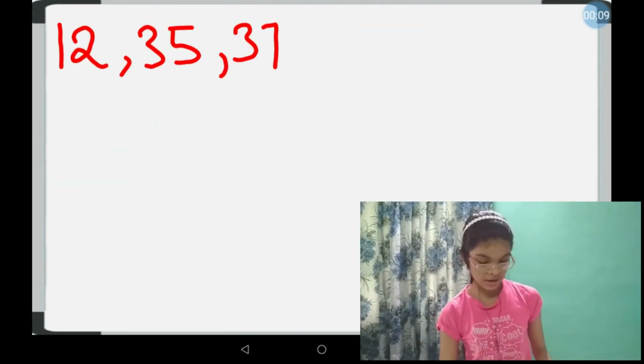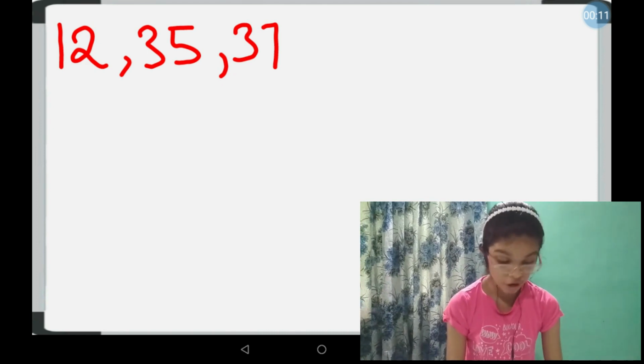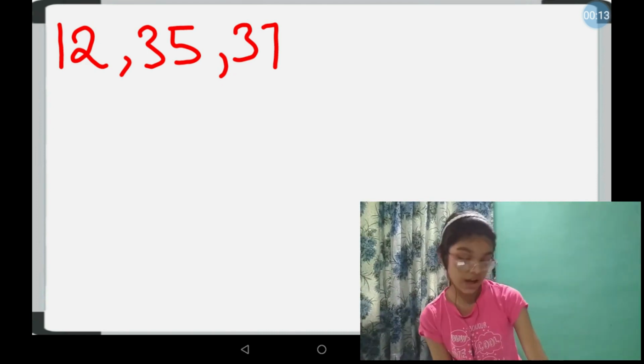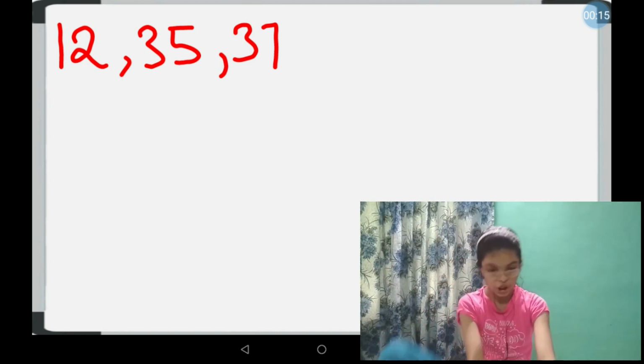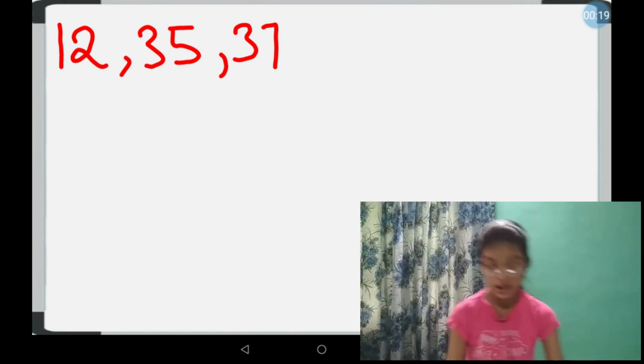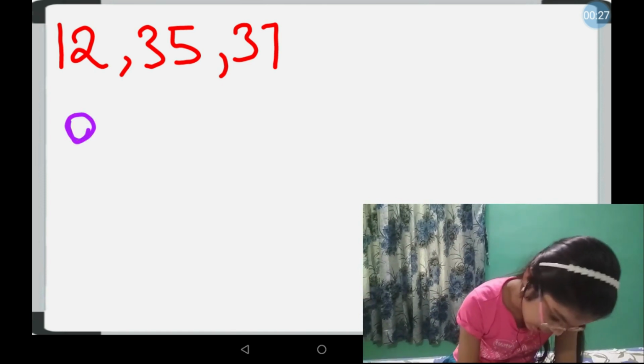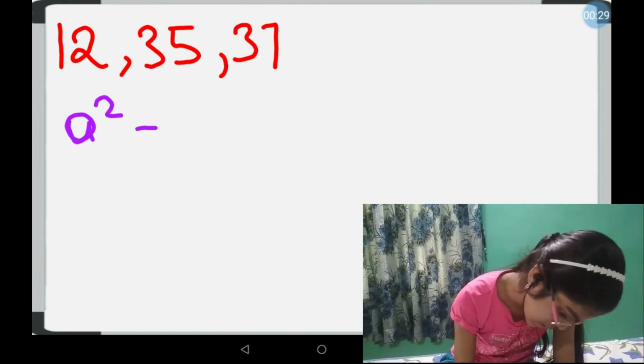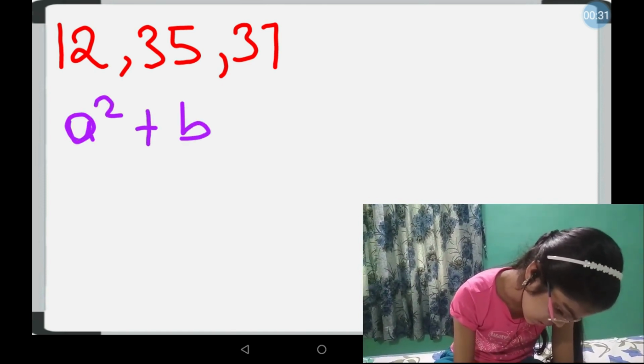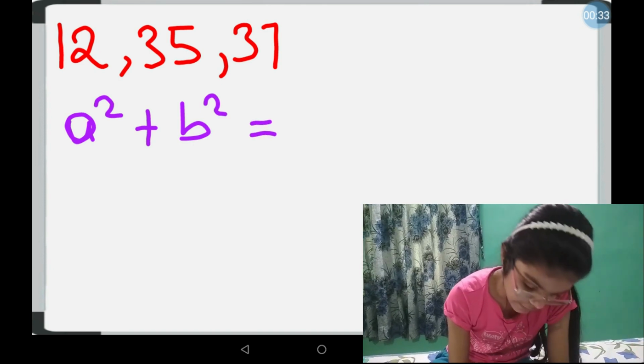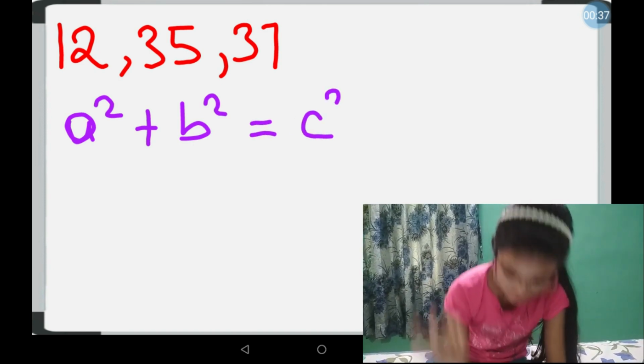Alrighty, let's check our answer. So now we have the Pythagorean triplets 12, 35, and 37. So we know by the formula a squared plus b squared gives c squared.